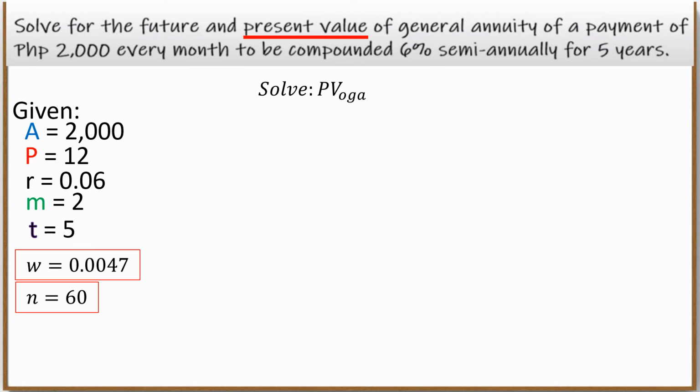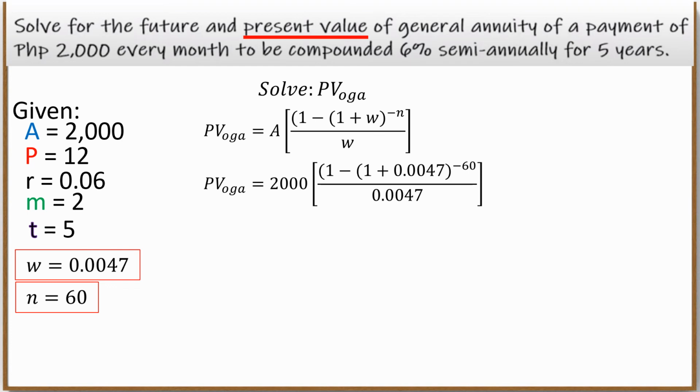Now let us have the PVOGA. So this is the formula. Just substitute. So our W here is equal to 0.0047 and our N is 60 all over 0.0047. Now we'll have 1 plus 0.0047 raised to negative 60 is 0.7548.